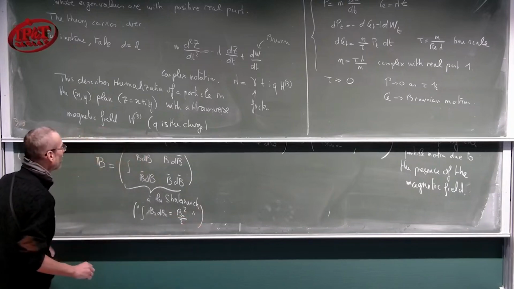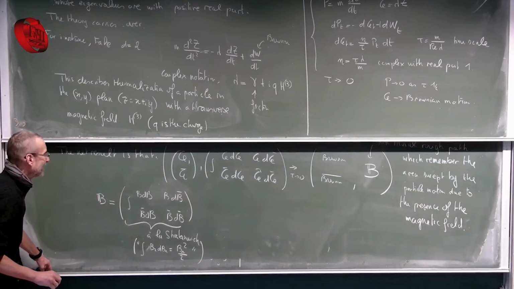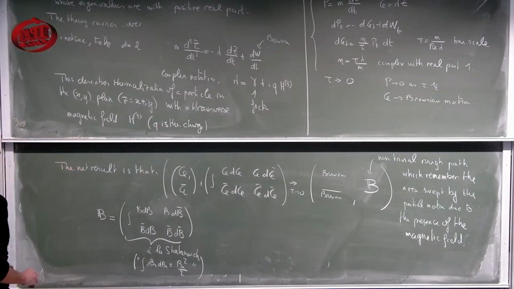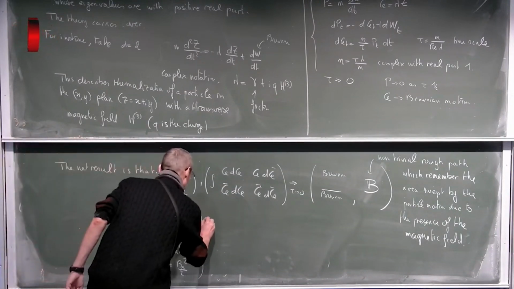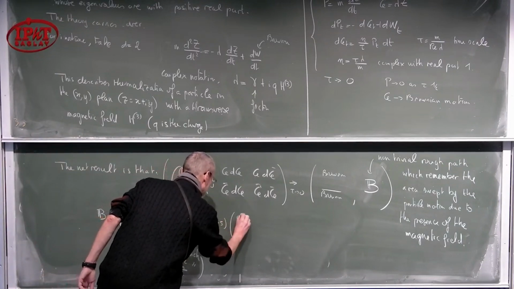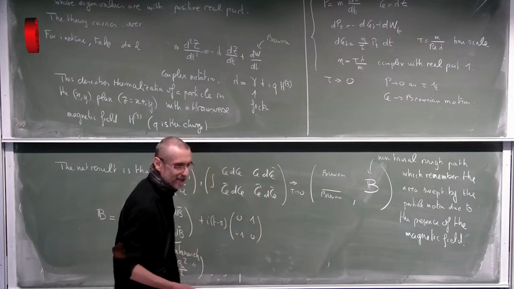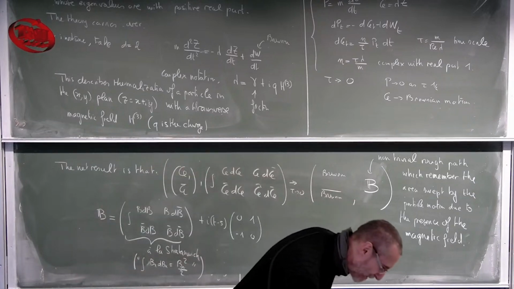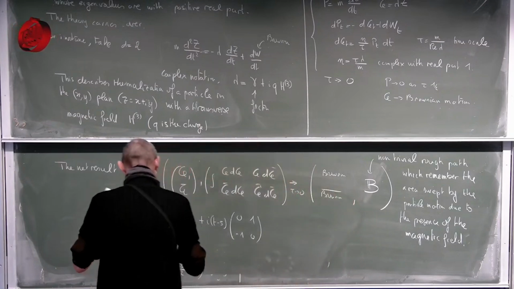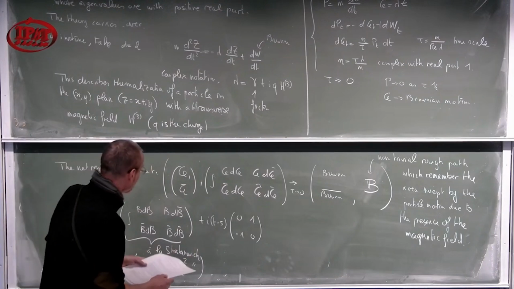There is no additional term, if I'm correct, plus i(t minus s) times 0 1 minus 1 0, and of course I'm missing something which has to do with the parameters that survive in the end. Somewhere I should see the, I guess it's going to be eta.